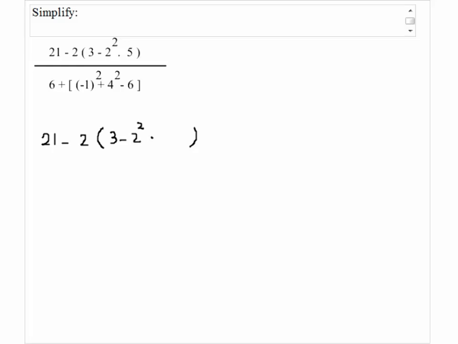We have to do this one first. And in the denominator, we have to follow the order of operation also, and follow the operation inside the brackets first.